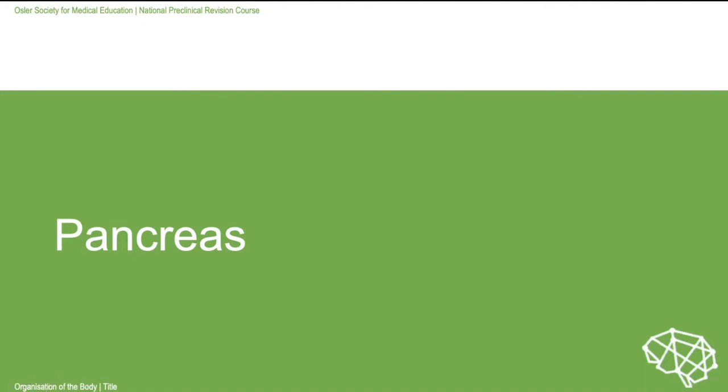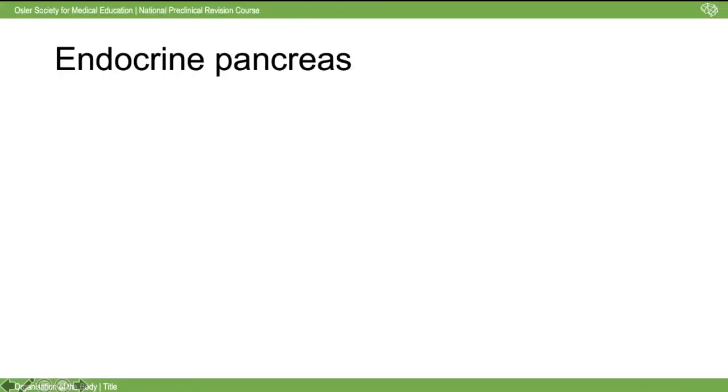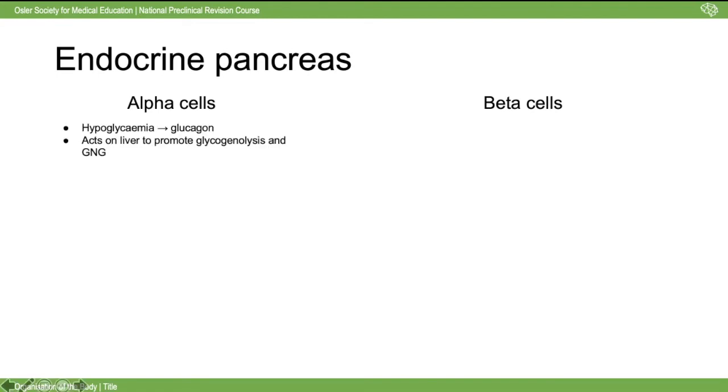Okay, moving on to the pancreas. So the pancreas is a special organ because it's both an endocrine organ and an exocrine organ. In terms of its endocrine function, people normally talk about alpha and beta cells first. So the alpha cells release glucagon in times of hypoglycemia, and glucagon acts on the liver to promote glycogenolysis and gluconeogenesis.